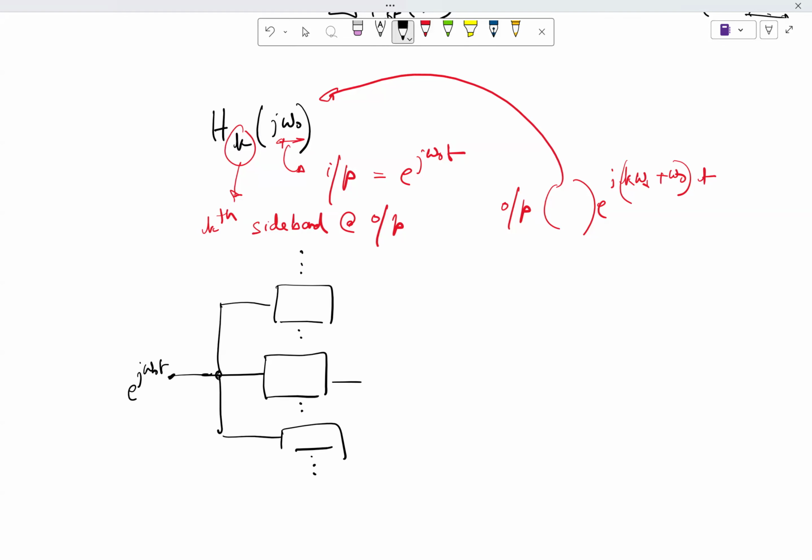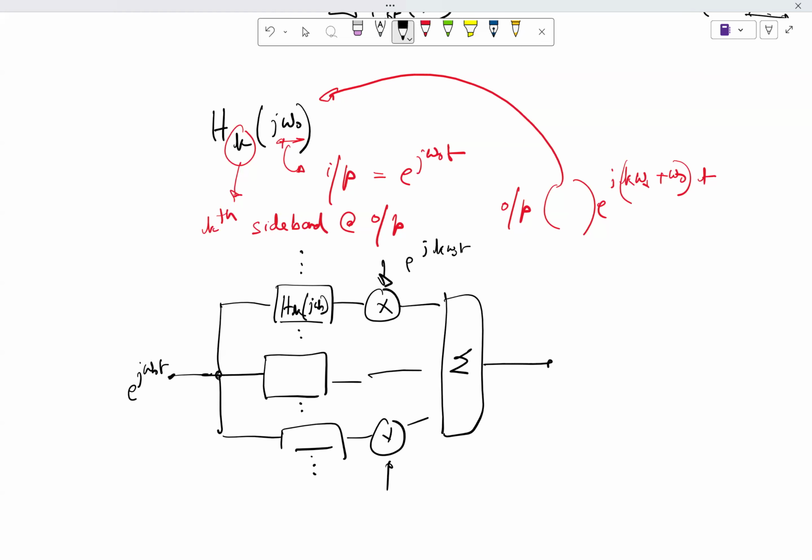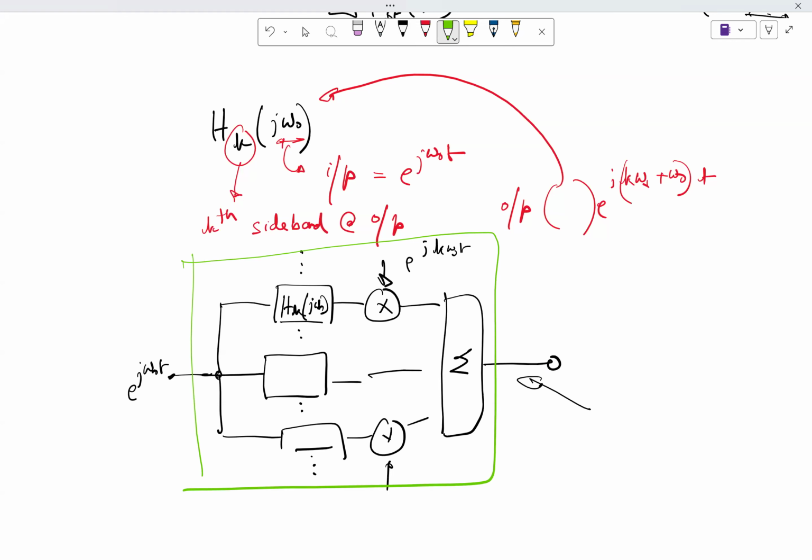So let's say this is the Hk of j omega naught, which is getting multiplied by e to the power j k omega s t. And you have access to only the output. This is a box. You don't have access to inside this box. You only have access to the terminals.